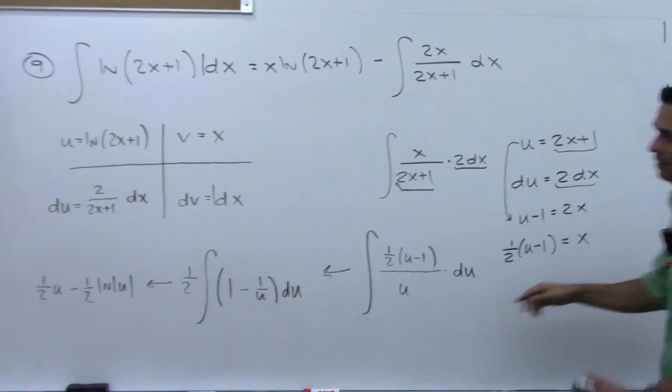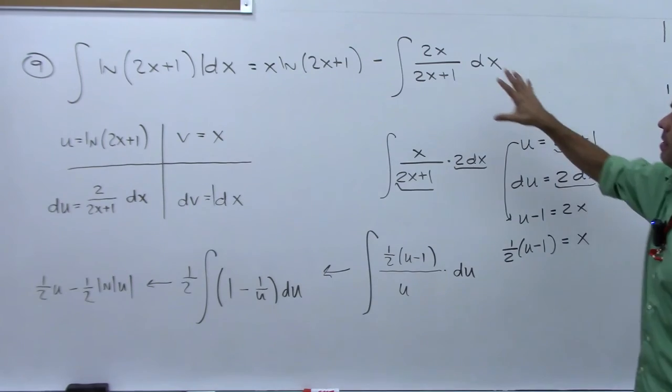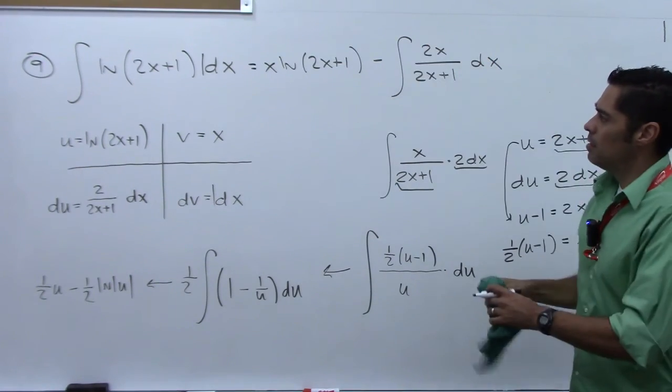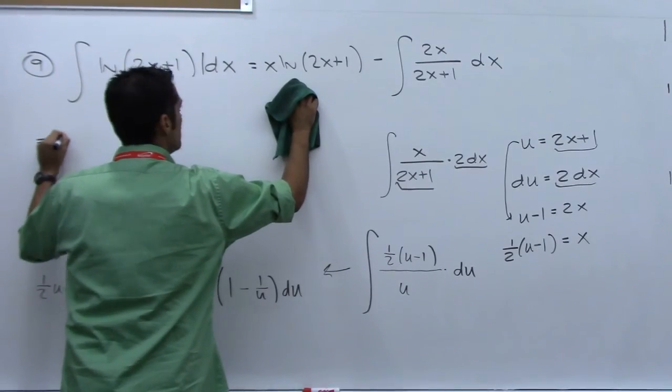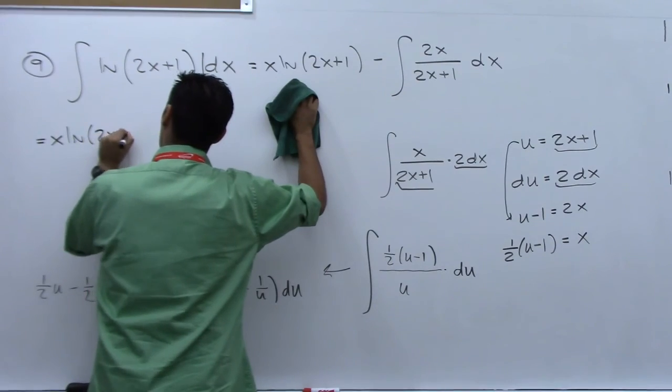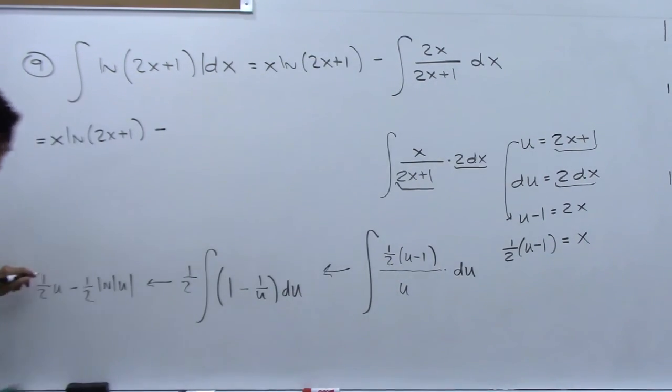So if I take this expression and I replace the u's with this, that's equivalent to this integral. So that'll be my next line. My answer here was x natural log 2x plus 1 minus the antiderivative of this, which are these two pieces.